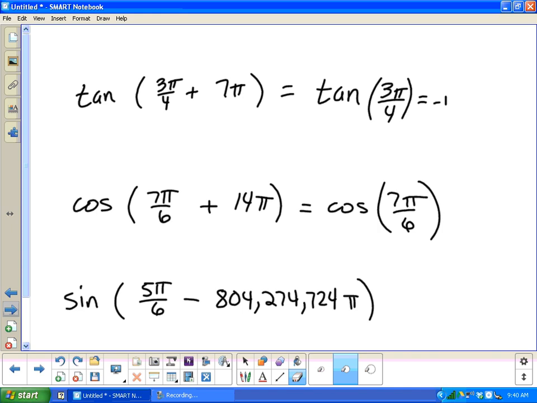It's going around in a circle. How many times would it? 7 times, wouldn't it? Because 7 times 2 pi would be 14 pi. So if I went around 7 times, you would still be back at the same spot, and the cosine would still be the same thing. So cosine 7 pi over 6 is what? Negative square root of 3 over 2.